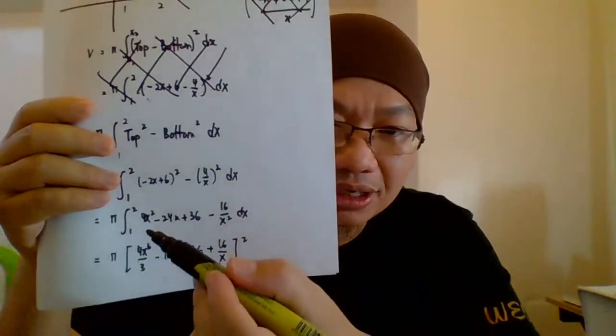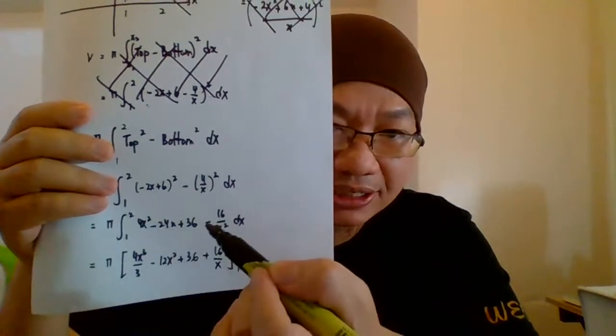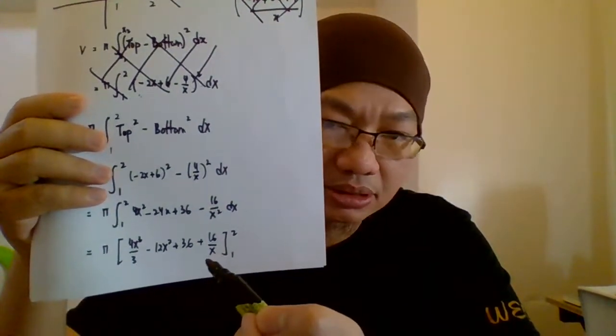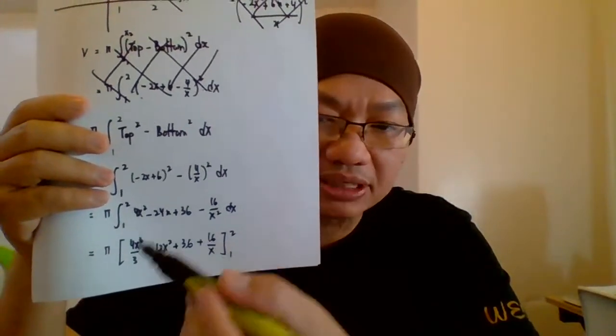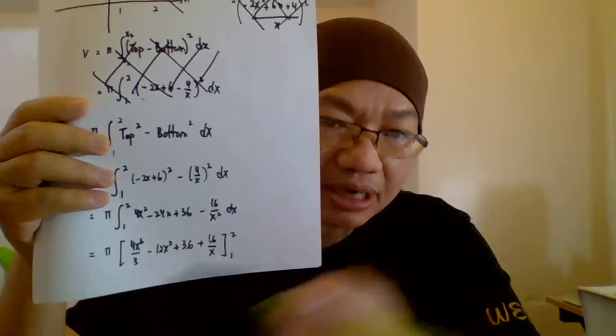So you integrate this whole thing here, and then you get this. Then we need to substitute 1 and 2 into this equation, and then what is the final answer? All right, now we substitute 2 and 1.